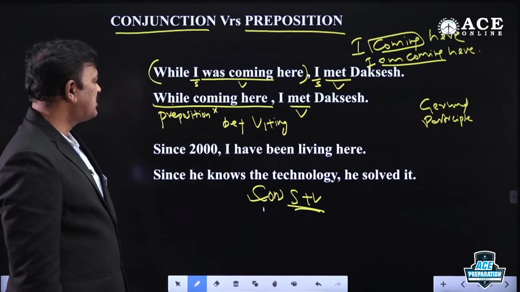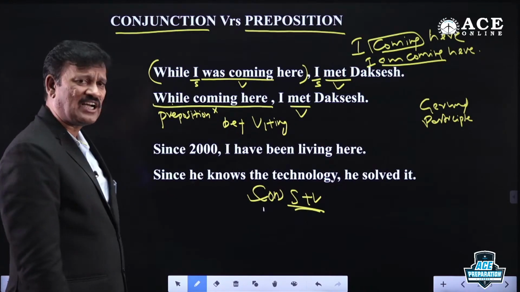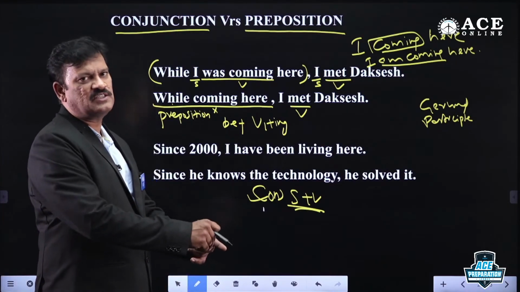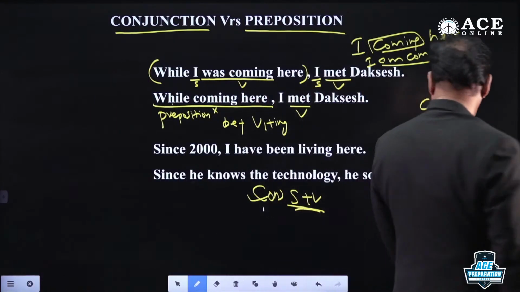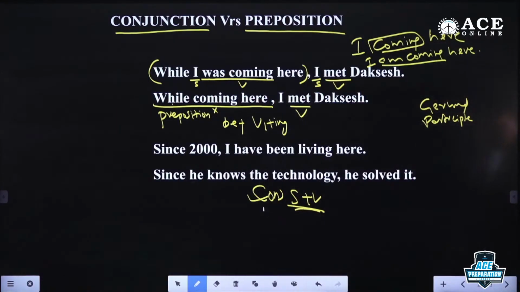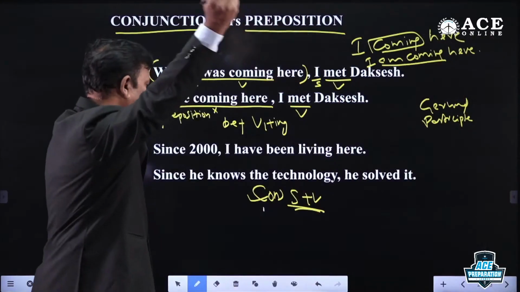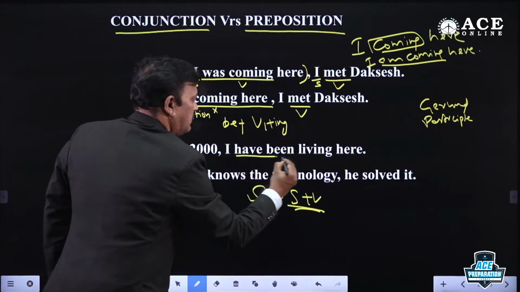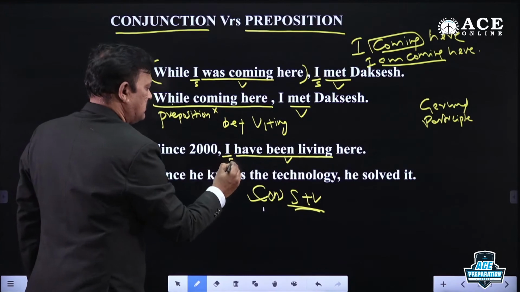You give me your answer, which one in these two words is used as a conjunction and which one is a preposition. Verb, subject.